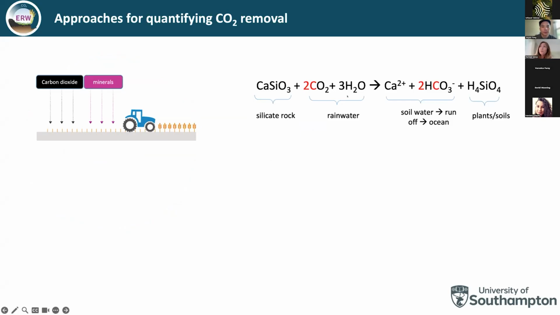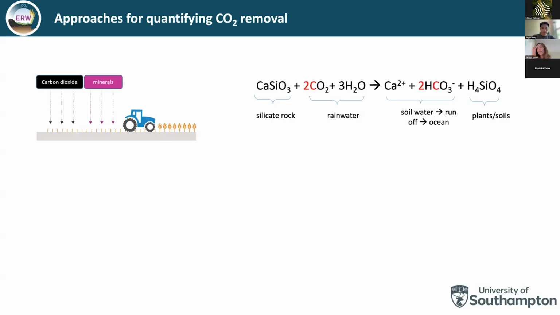And that dissolves the rock, and the weathering products are, in this case, calcium ions, so base cations, and hydrogen carbonate ions. So we're converting the carbon dioxide into hydrogen carbonate ions. And in this case, we're also producing dissolved silicon that goes into plants and soils as well.